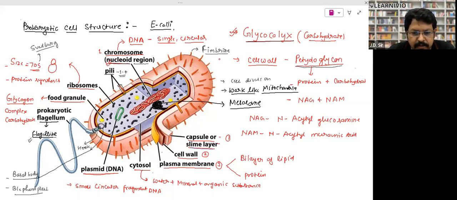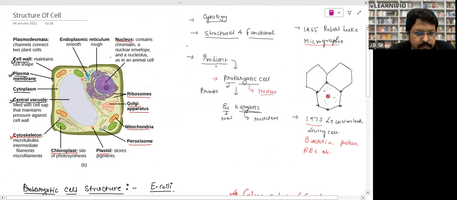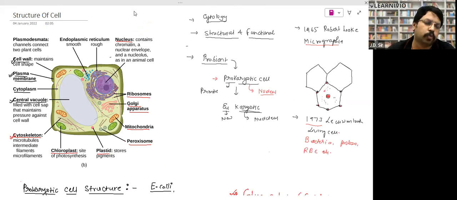So let's discuss one by one. This is the common diagram of a eukaryotic cell. Here we have represented a eukaryotic cell with the help of a plant cell, right? Here we have discussed the plant cell. Okay. So let me discuss one by one.